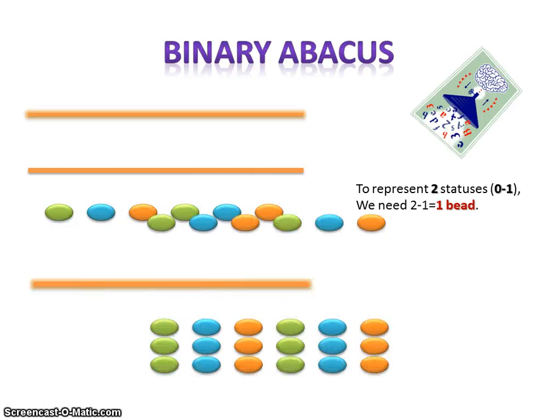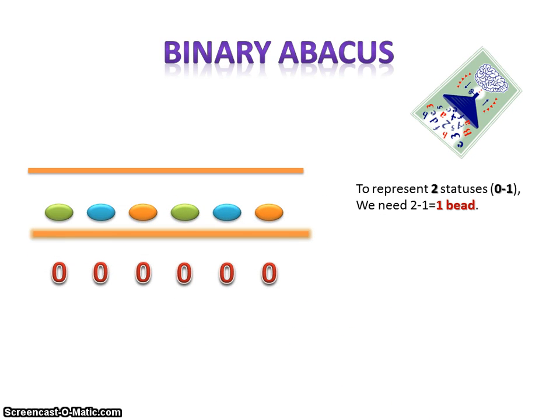So we don't need this bit. Here is the binary abacus. Each line can represent either 0 or 1.